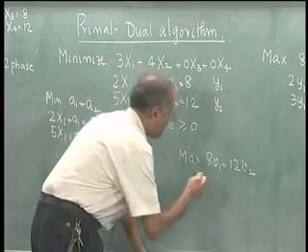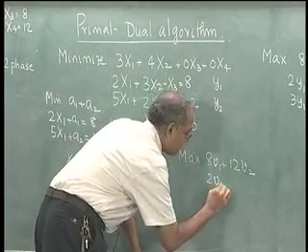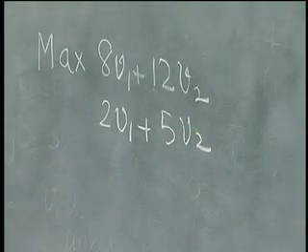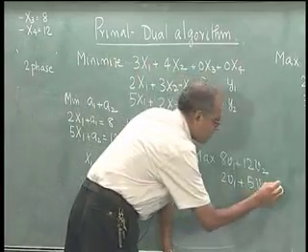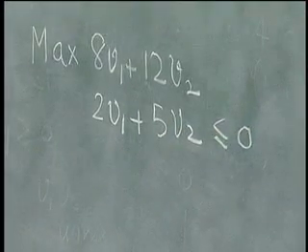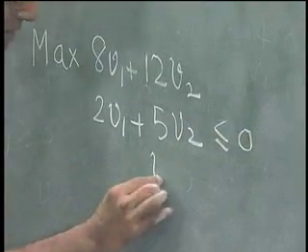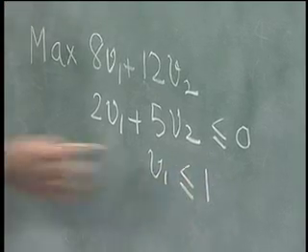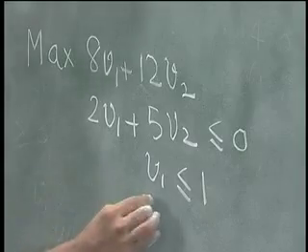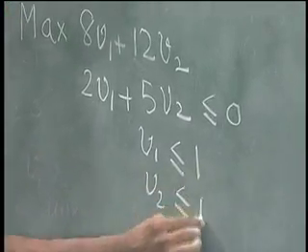So, 2 V1 plus 5 V2 corresponding to this is less than or equal to 0. Corresponding to this is V1 is less than or equal to 1, and corresponding to this V2 is less than or equal to 1.